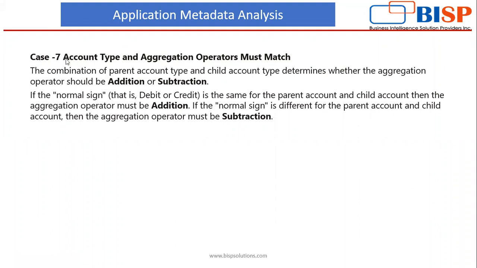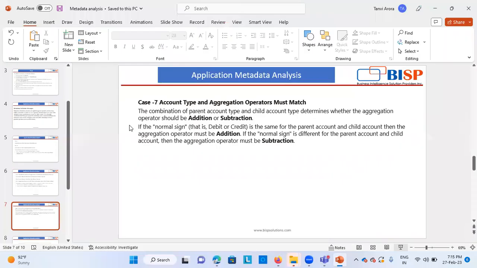So what it is saying: account type and aggregation operators must match. All right. The combination of the parent account type and child account type determines whether the aggregation operator should be addition or subtraction. So I will first tell you this and show you this in the application.